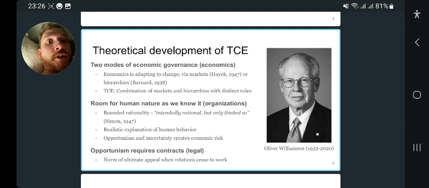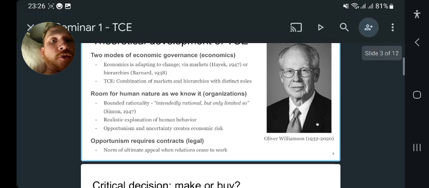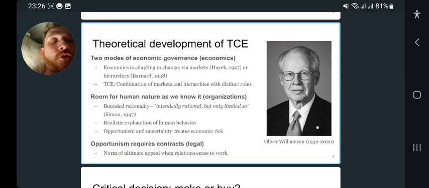So this produces a realistic explanation of human behavior, and this also leads to transaction costs, which I will explain later. It also introduces the problem with opportunism and uncertainty that creates economic risk in each transaction, which has not been recognized by neoclassical economics. And the role of opportunism also presents the requirement of contracts.